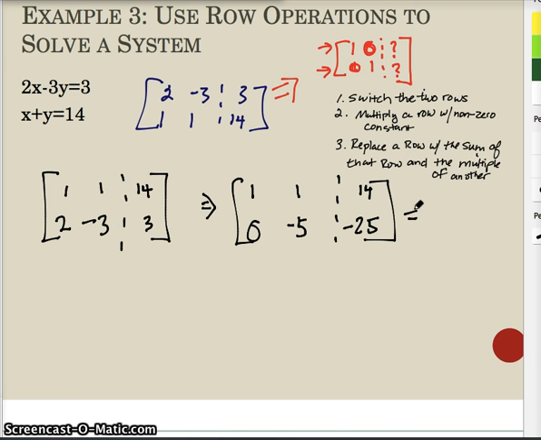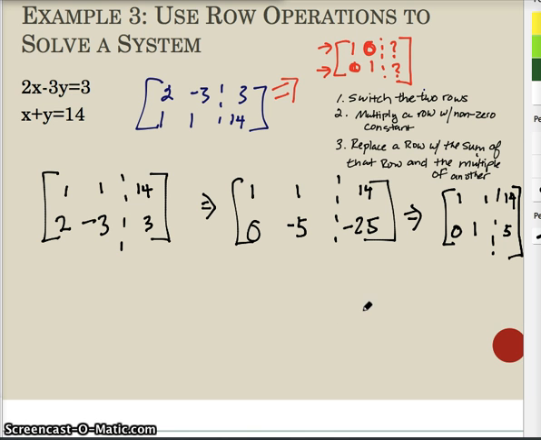So my new matrix, the first row is the same, 1, 1 with the 14, and then I multiply the second row by -1/5: the 0 stays the same, this becomes a 1, and when I multiply -25 by -1/5, I get a +5. So here's my new augmented matrix.